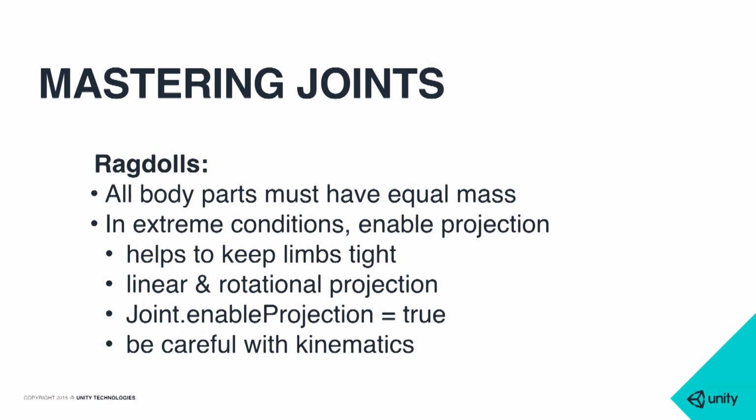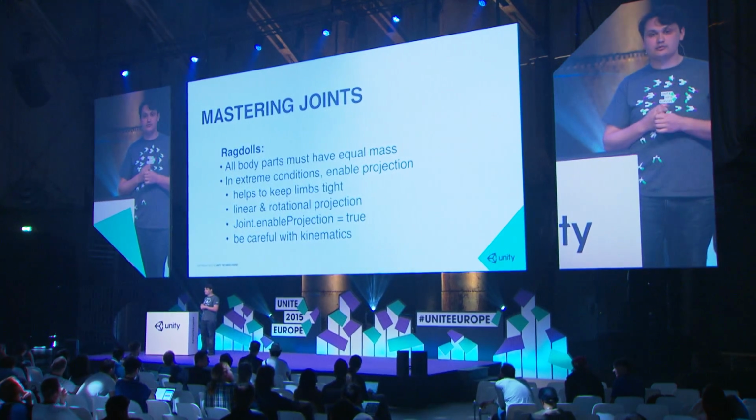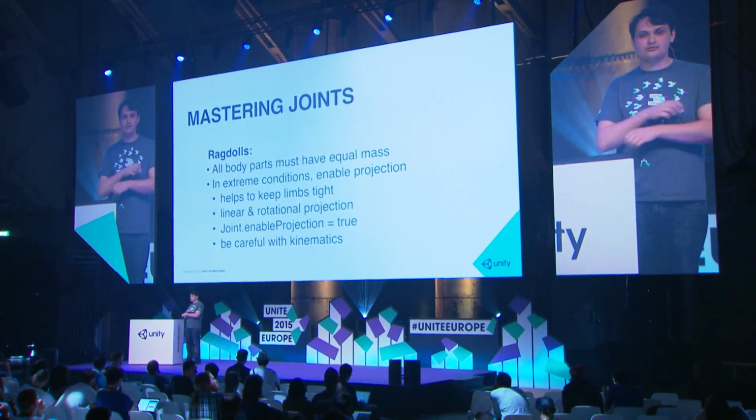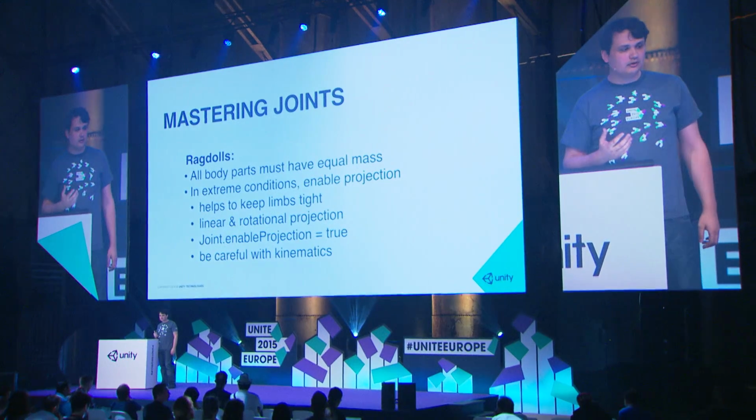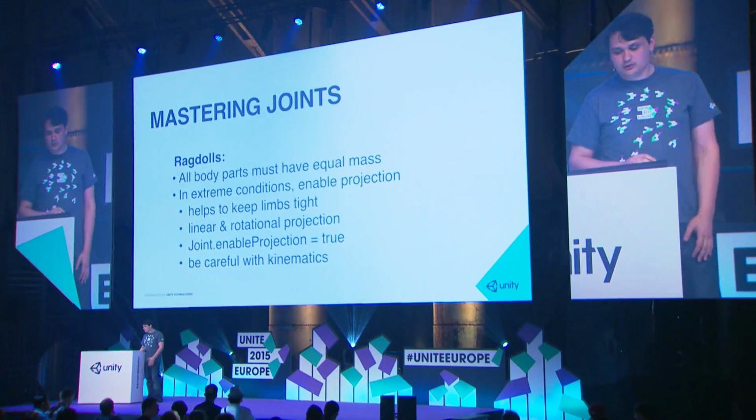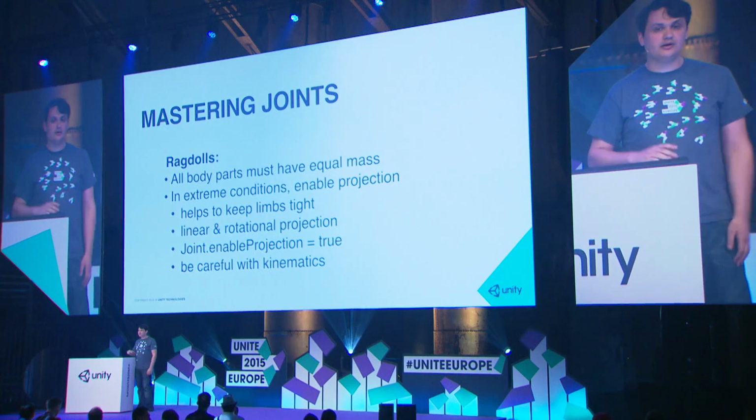If you have different masses, it's obvious that you will get different accelerations, and this is exactly what results in stretching your limbs. That's especially noticeable when you work with explosions, like a character walking over a bomb and then flying up. Here we have a projection, which is an algorithm that can simply bring everything back, but it's not physical and it can gain energy or lose energy, so use it with caution.